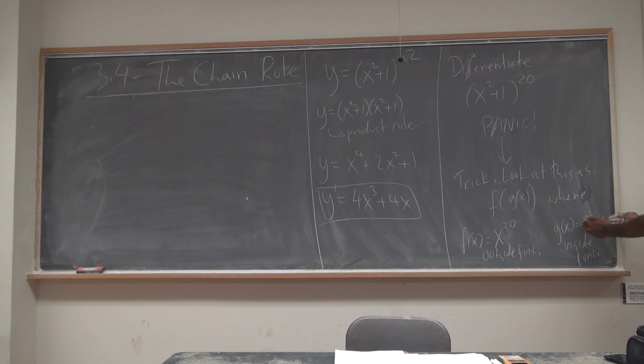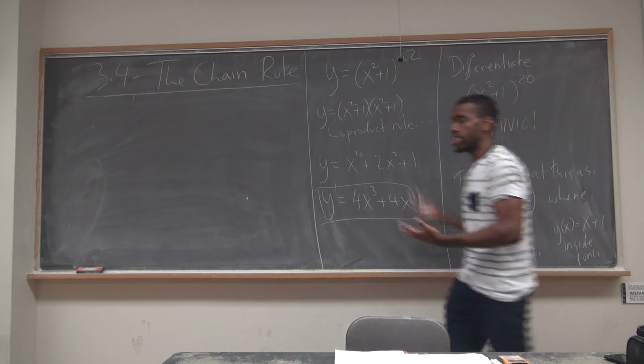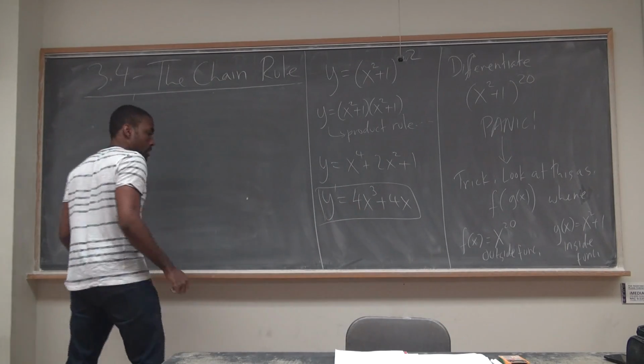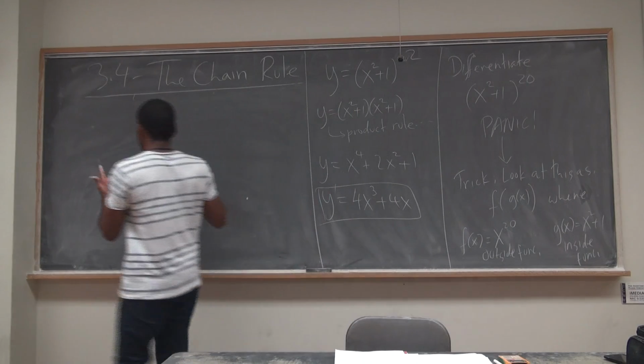Notice that if I take this and plug it into that, I get that. I can think of it as a composite function. Now, knowing that something is a composite function, there's a rule that I have. I'm not going to prove it for you. I'm going to tell you.